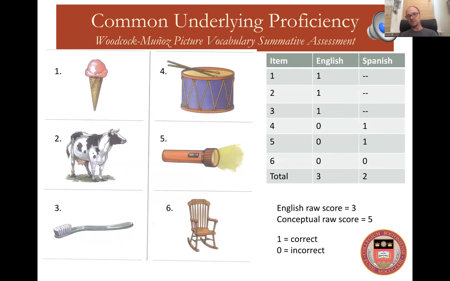And then here you can see the student knew 4 and knew 5 in Spanish, did not know rocking chair in Spanish or in English. So does not get any credit for knowing what a rocking chair is. But as you can see, now you have an English raw score of 3, a Spanish raw score of 5, so an overall conceptual score, a common underlying proficiency score of 5, which is much higher than 3.